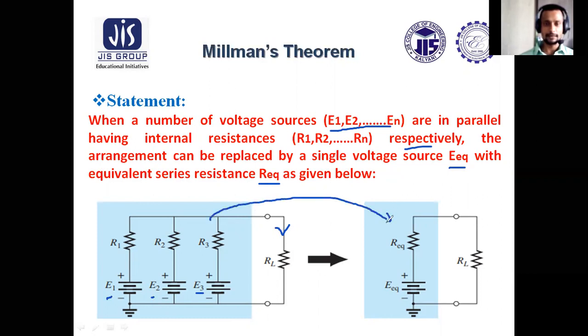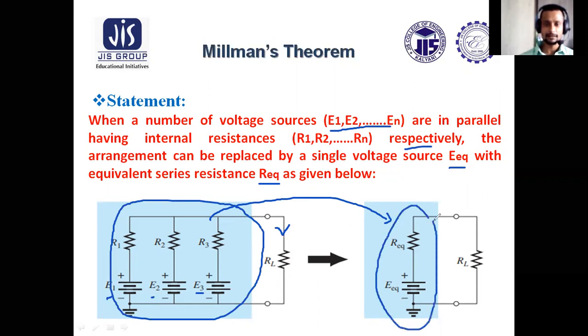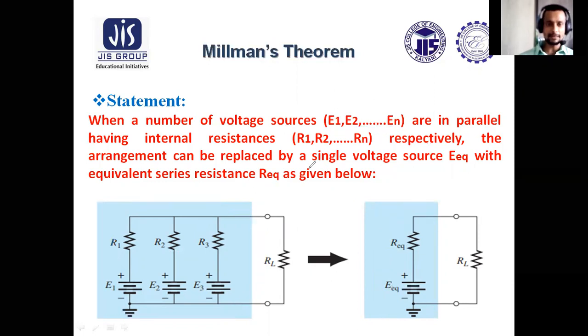Millman's theorem says if this is the given circuit, then it can be represented by this small circuit in which EEQ and REQ are the equivalent voltage source and equivalent resistance of the network respectively. So Millman's theorem simplifies the given circuit into a simple circuit. How to determine EEQ and REQ, we'll be discussing later.